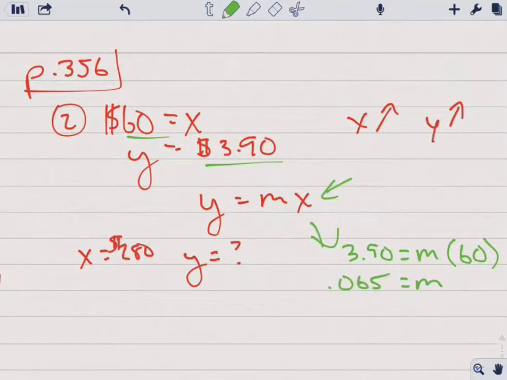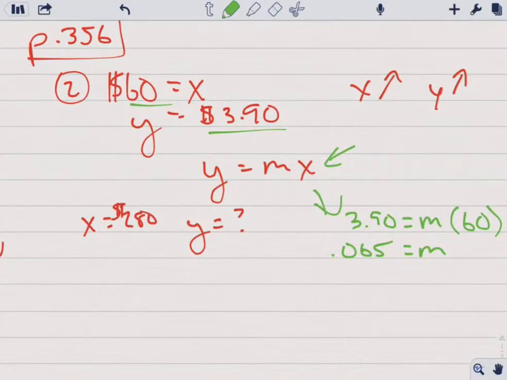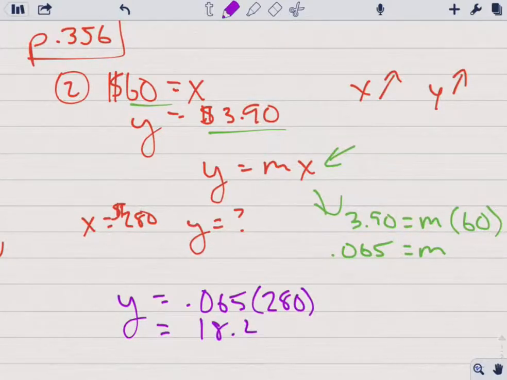That is our constant of variation. To answer our question, we want to know y when x is $280. So we do 0.065 times 280, and I get $18.20, and that's your answer.